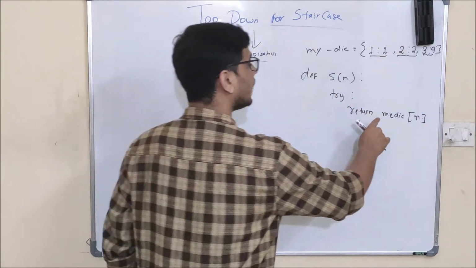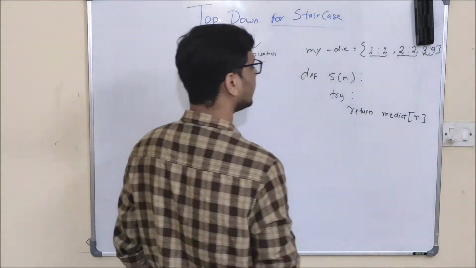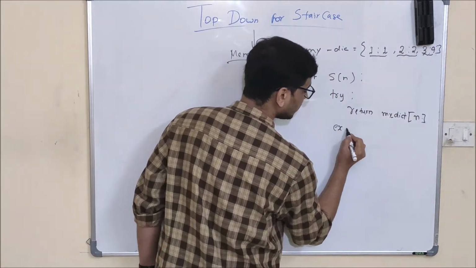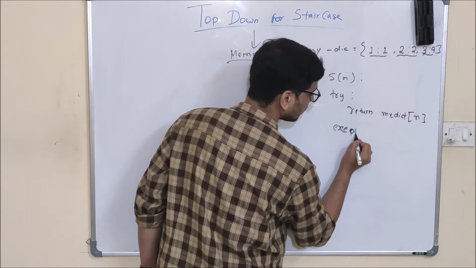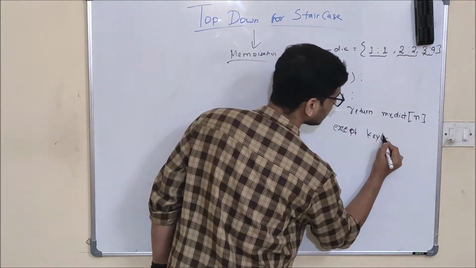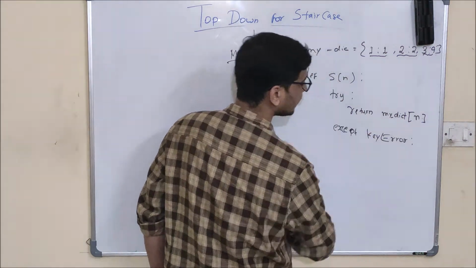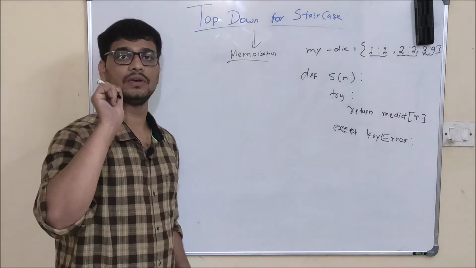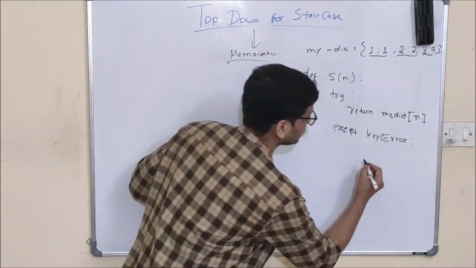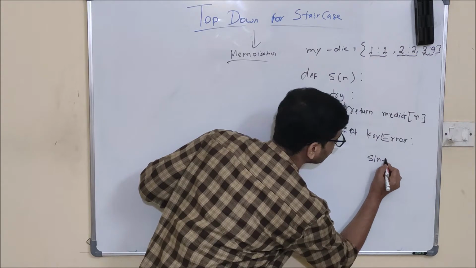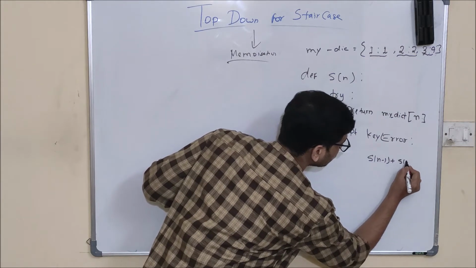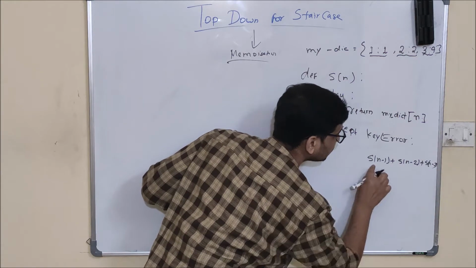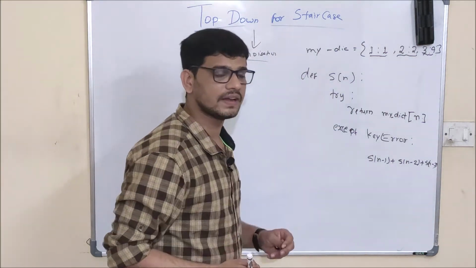If this value is not there, it will throw a key error, and I will accept it, and when I accept it, then I will calculate this value, that is, I will calculate s of n minus 1, s of n minus 2 and s of n minus 3, and I will sum them up to find my final answer.